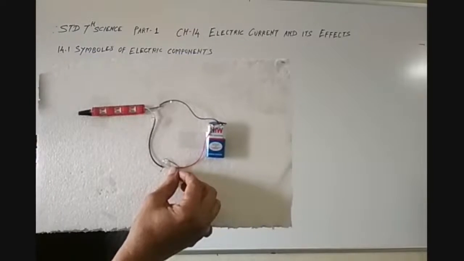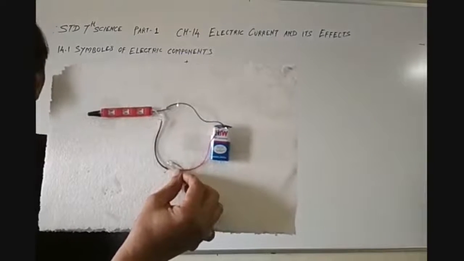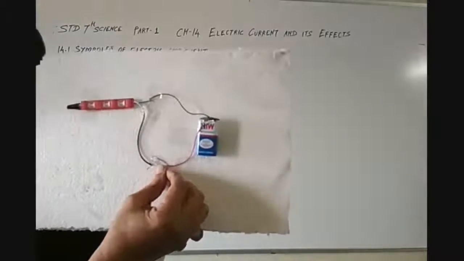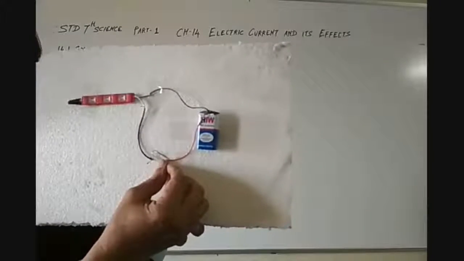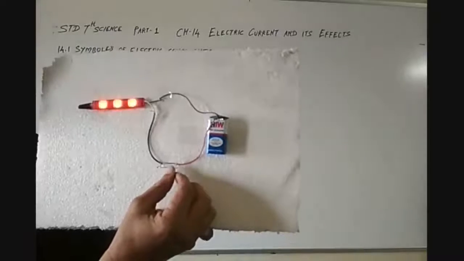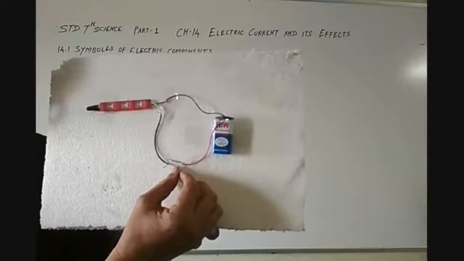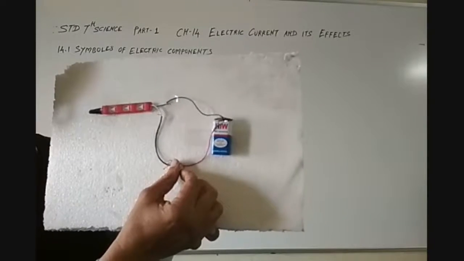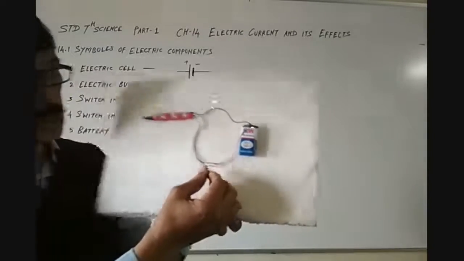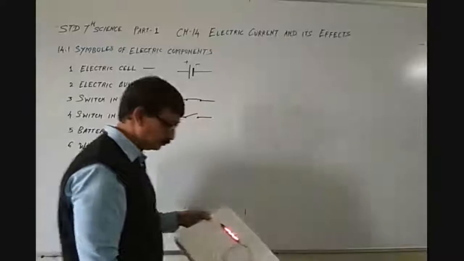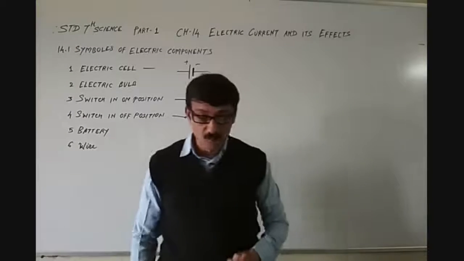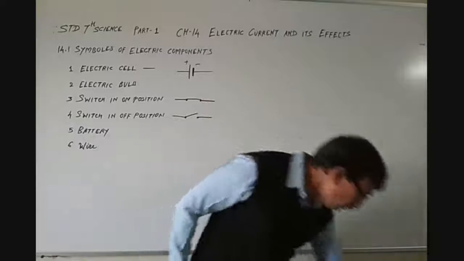The bulb is not glowing. We will understand this circuit later also. For now, I want to make you understand this switch only. So the switch is on, and the switch is off.